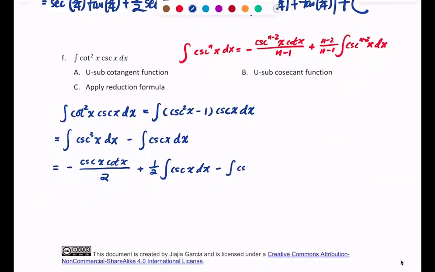So before we integrate that, let's combine. Okay, so we have positive 1/2 of this integral minus 1 of that integral, so it's negative 1/2, right?